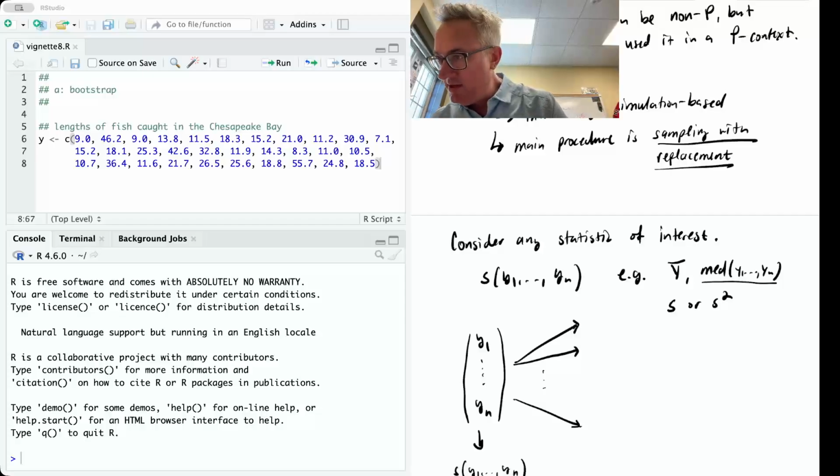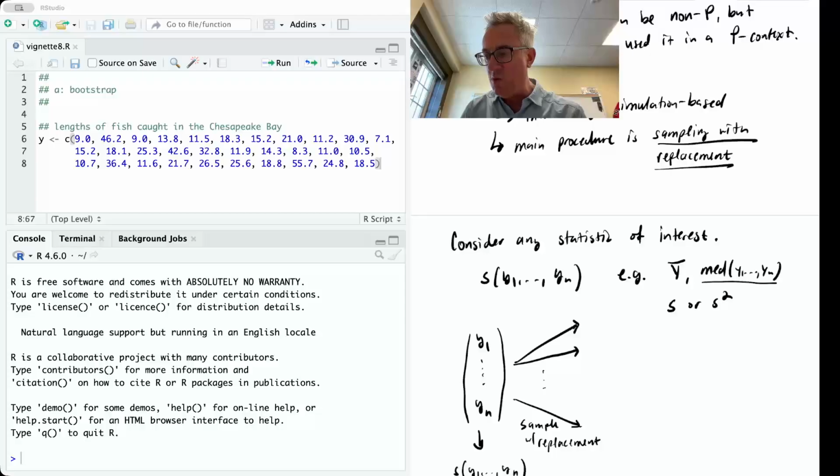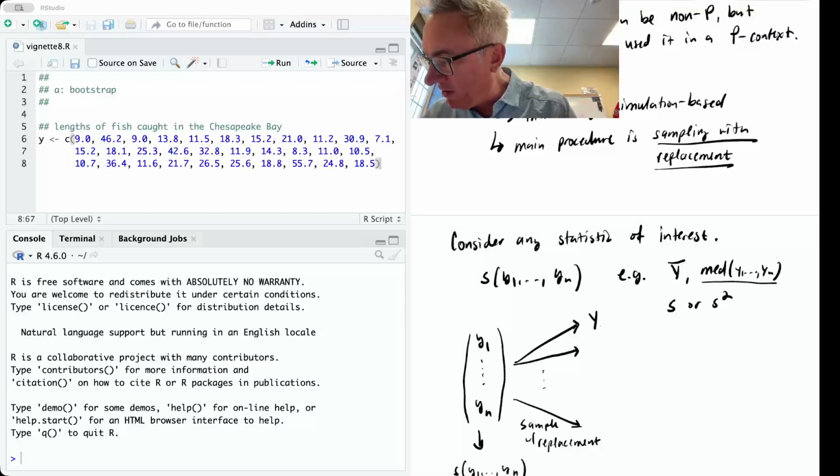So each one of these is a sample with replacement from the original y values, y1 up to yn. So each one of them would give me a vector of y1 stars, or y2 stars, or yb stars.